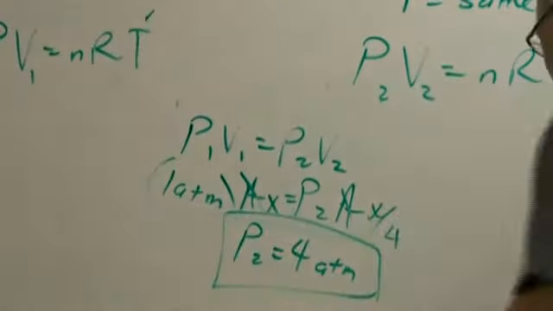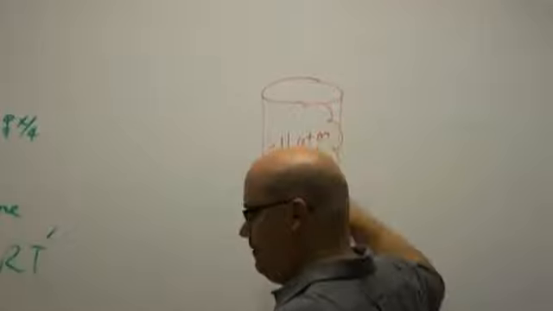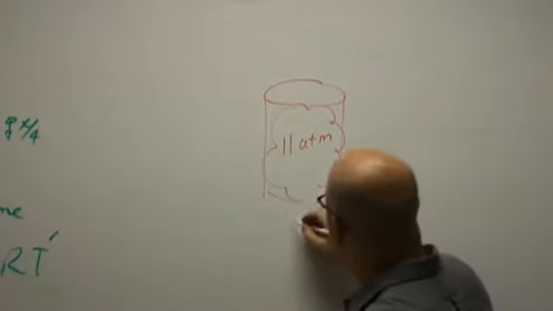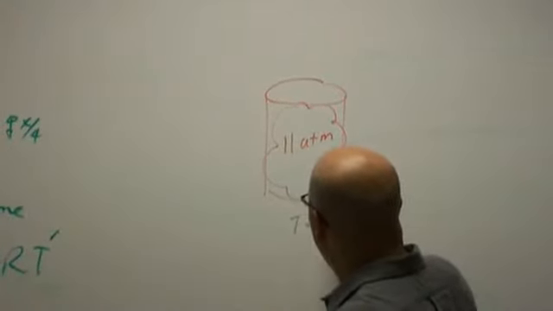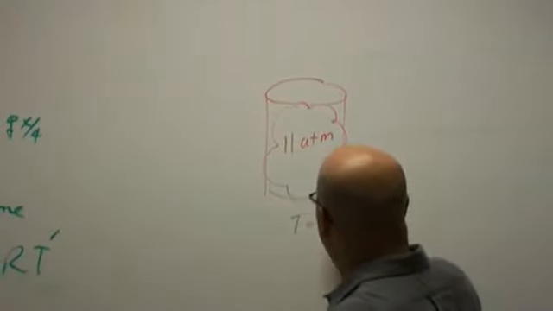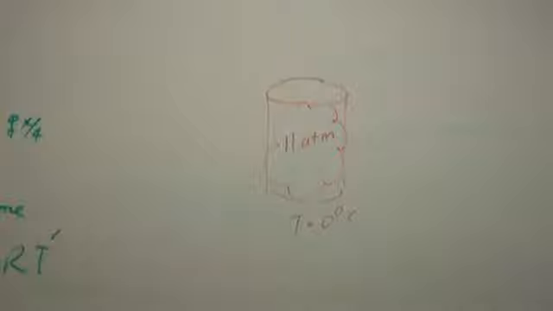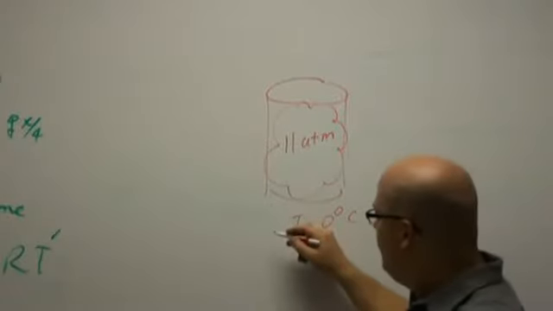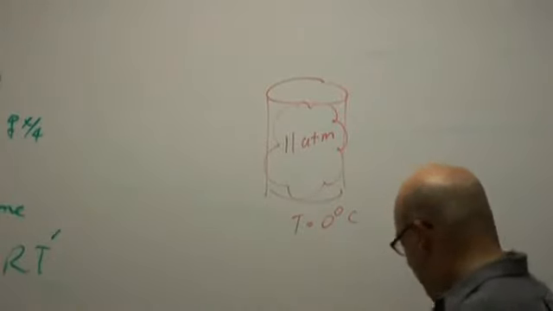Okay, question number 2. Let's say you have a cylinder. Let's say it has a gas in it, and the gas is pressurized to 11 atmospheres. Its original temperature is 0 degrees Celsius. Okay? But this time, you add heat to it.